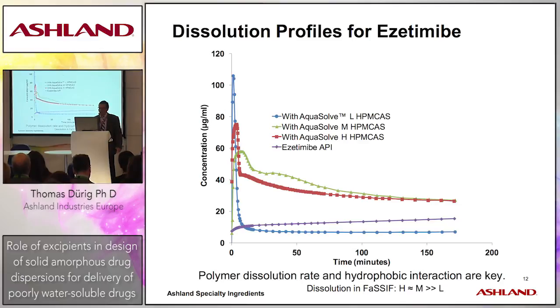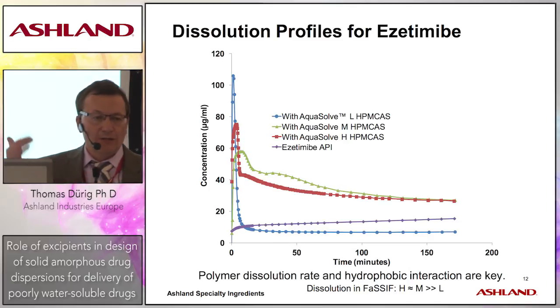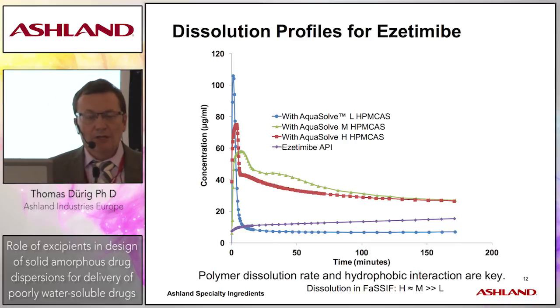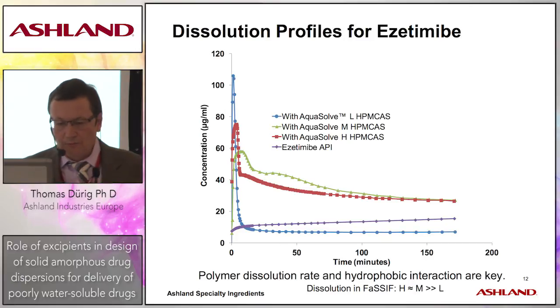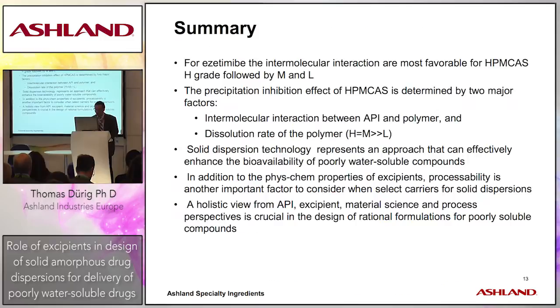On the other hand, the L grade, which is the blue line here, you see a very sharp peak, so much more effective in terms of a quick high boost in terms of a spring, but very rapid recrystallization, indicating that there's really hardly any interaction between drug and polymer in that solution state, and it just pretty much all precipitated rapidly. Again, we think this has to do with both the polymer dissolution rate, but also the hydrophobic interaction, with the acetyl groups being at a higher level in the M and H grades.